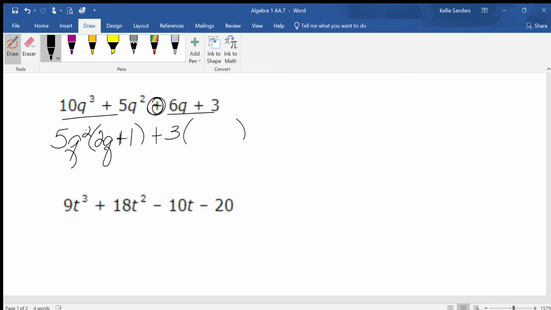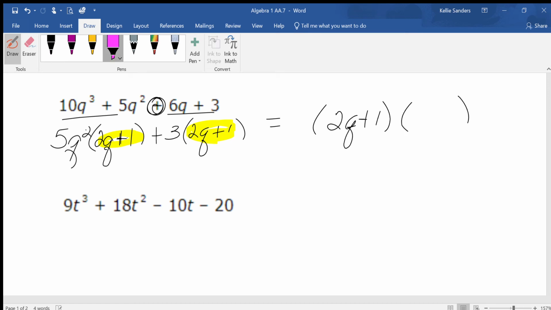And everything divided by 3 is 2q plus 1. See those? Magic! So 2q plus 1 goes in one parenthesis. And whatever was pulled out, that's a q, plus 3.